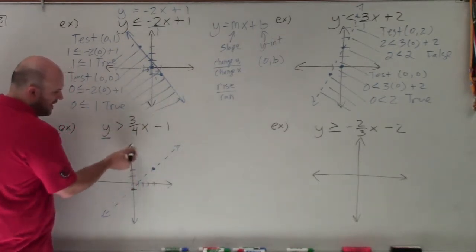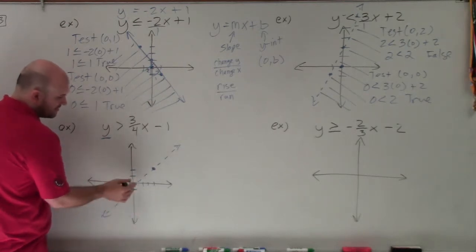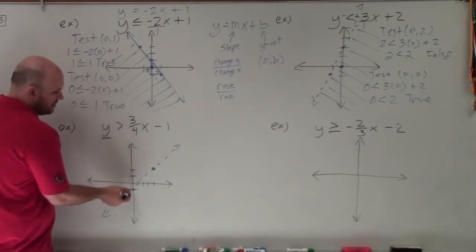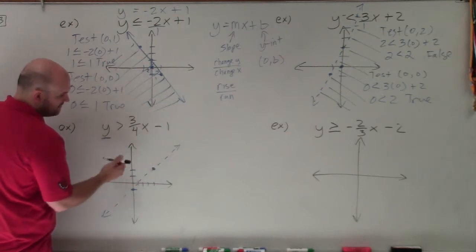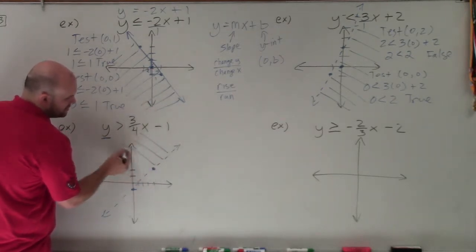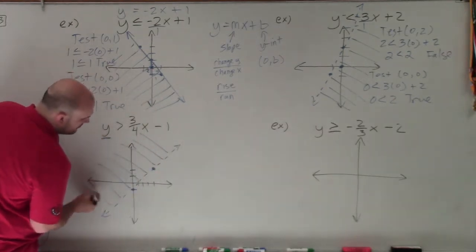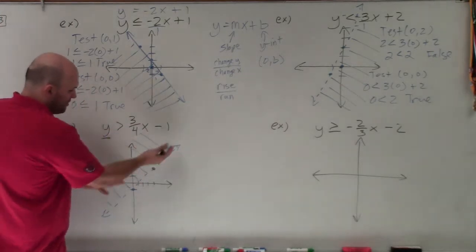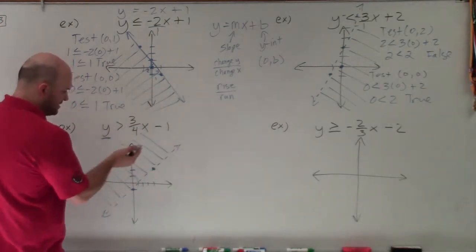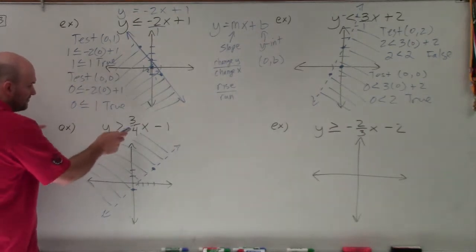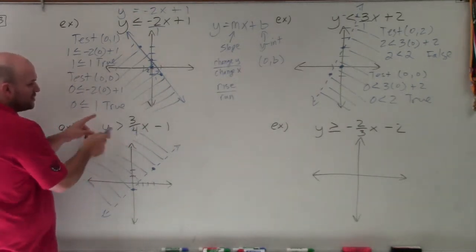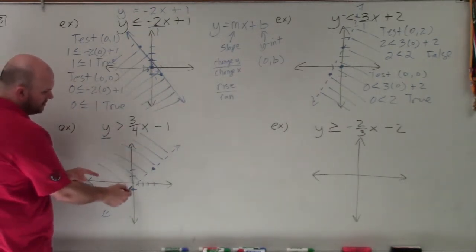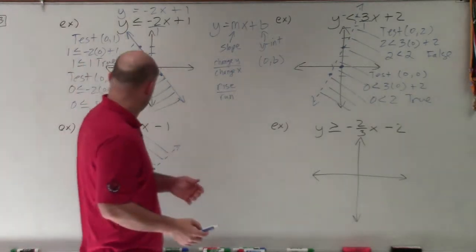So if you look at the y coordinates, like the y-axis, all points that are greater on the y are going to be above the line. So therefore, I am going to shade above the line, because the y coordinates are greater above this line. Again, you could always use a test point. If you use 0, 0, you'd have 0 is greater than negative 1, which is true, so you'd shade above.